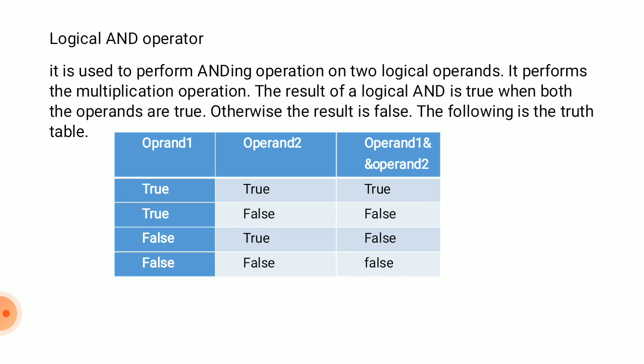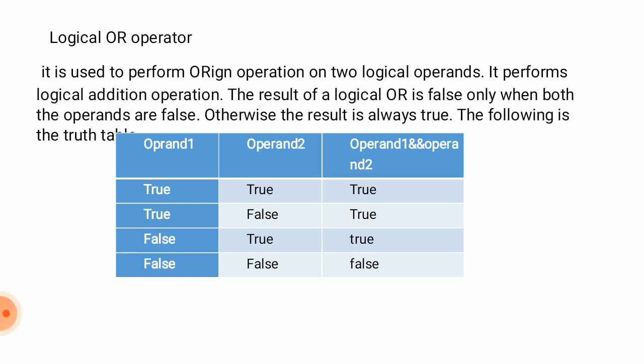Always keep in mind, logical AND performs the multiplication operation. Suppose 1 and 0: 1 into 0 is 0, 0 into 1 is 0, 0 into 0 is 0, 1 into 1 is 1. So this is the logical AND operator.